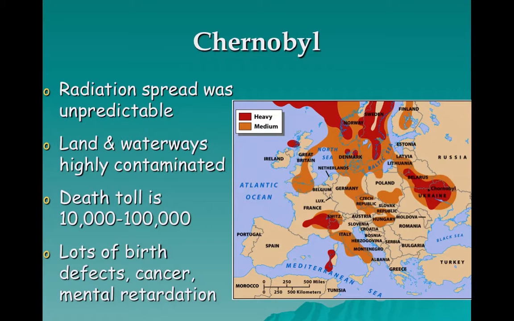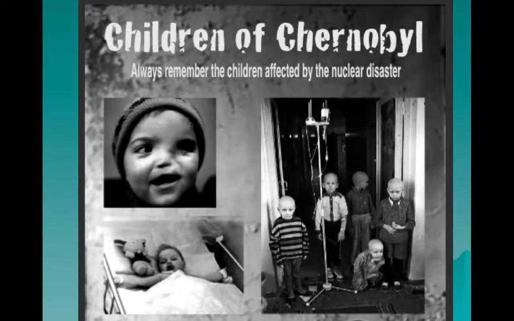Any woman who was around at that time, and her gametes, her eggs, get mutated, and the DNA gets messed up, then they're going to have children with birth defects. Lots of cancers, mental retardation. I was Google imaging and found this poster, which is so sad.